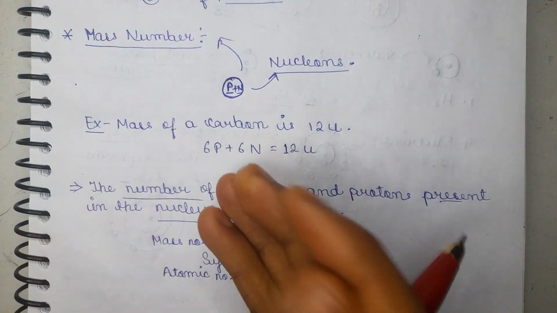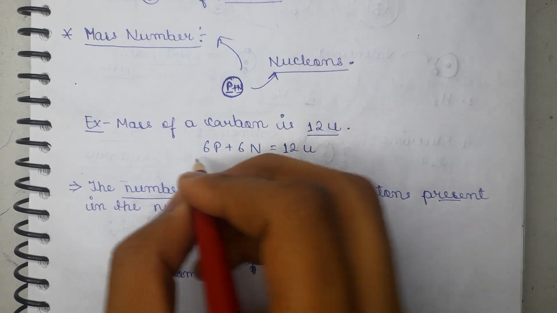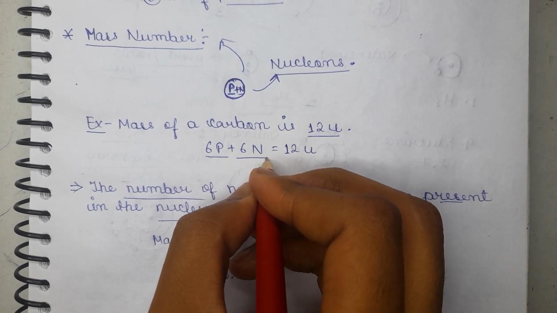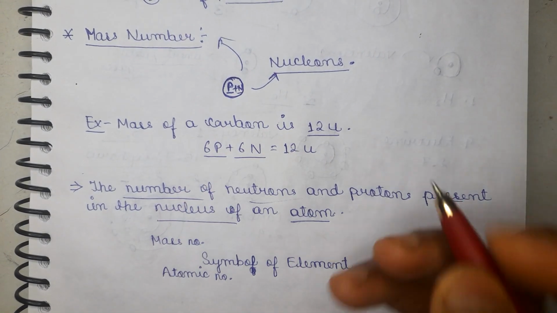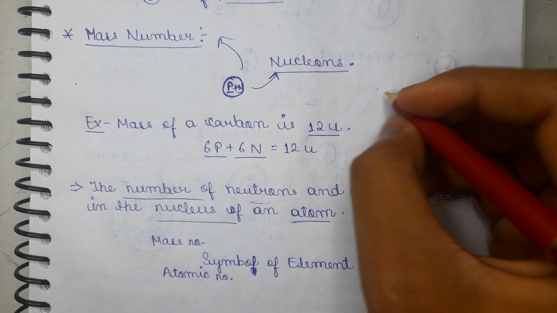For example, the mass of a carbon atom is 12 u, which means the mass of carbon consists of 6 protons plus 6 neutrons. Take the mass number of another atom like phosphorus.